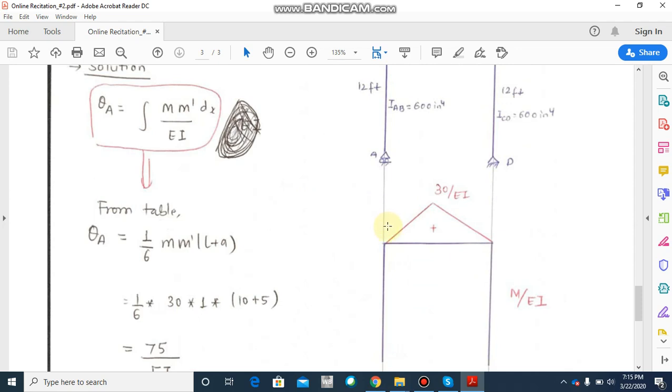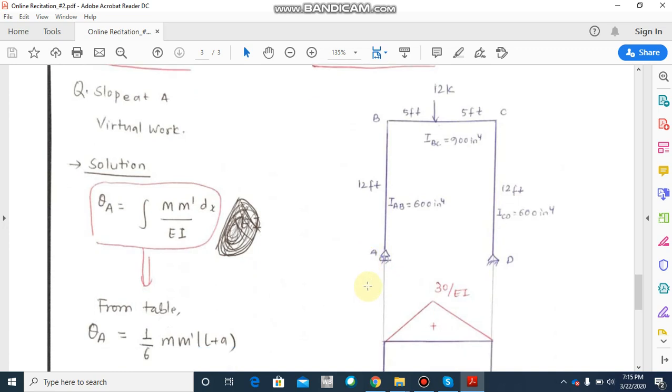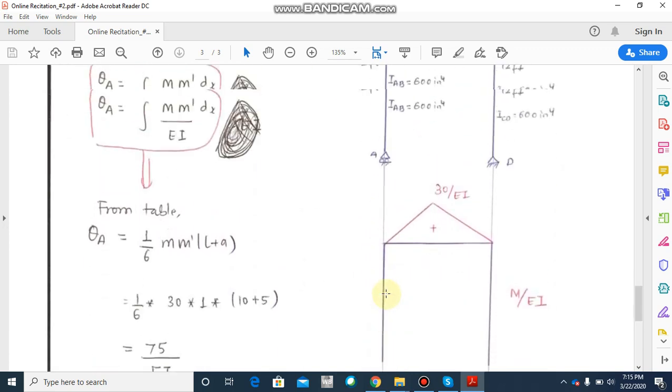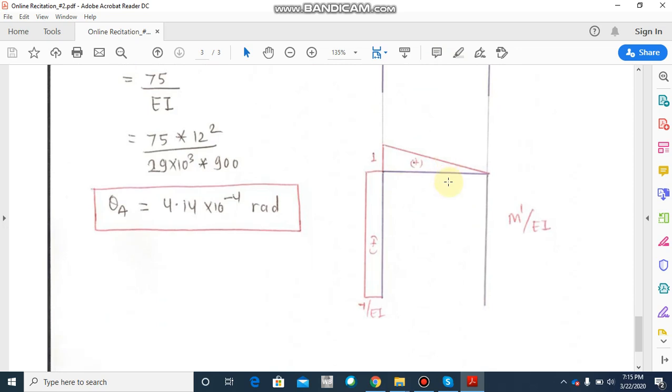So what's the virtual load here? Since we are asked to calculate slope at A, we need to provide a positive unit moment at point A. So if we provide unit moment at A and remove all the external forces, I will get an m dash by EI diagram as this.